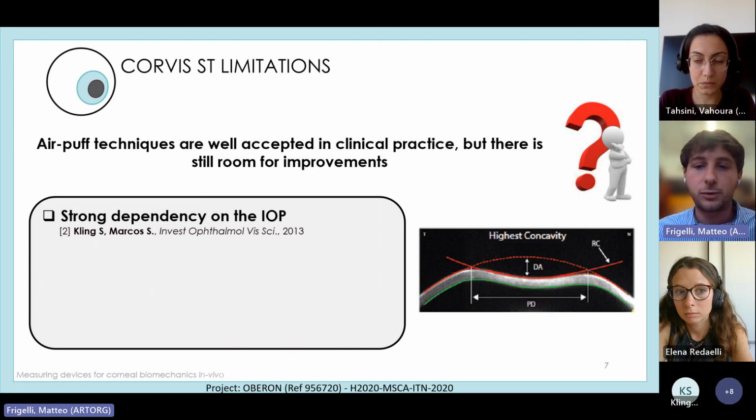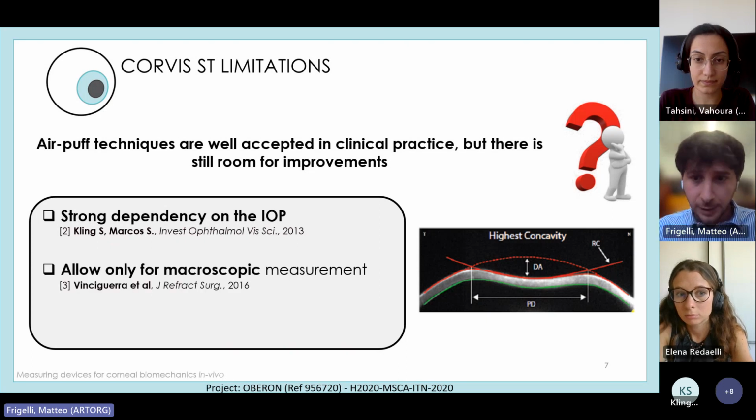So I will not go further on this one, but something that also has been pointed out is that Corvis doesn't allow for localized measurement. So in pathologies such as keratoconus, where the weakening of the cornea is localized in a single region, this can be misleading and can hide some weakening of some regions of the cornea.